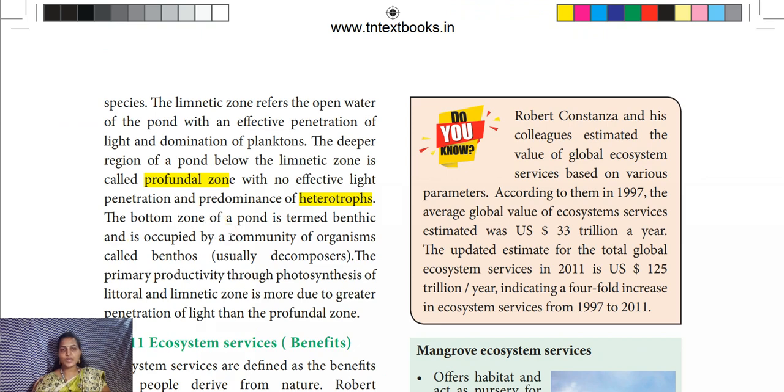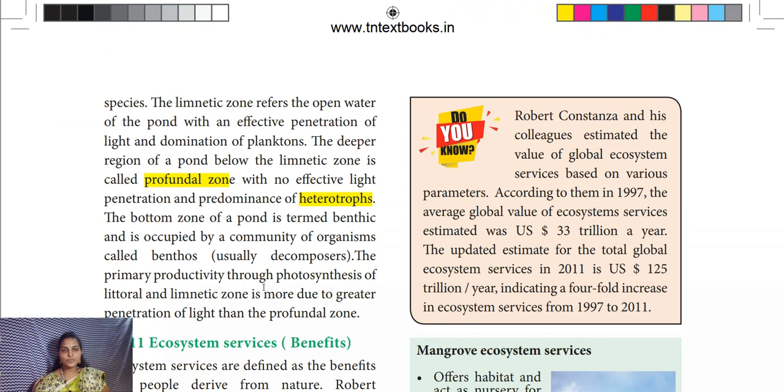The bottom zone is the benthic zone, occupied by a community of organisms called benthos. Benthos means decomposers. We already have an idea about decomposers and their uses in the ecosystem. The benthic zone is the last layer, where we find the benthos, the decomposers.